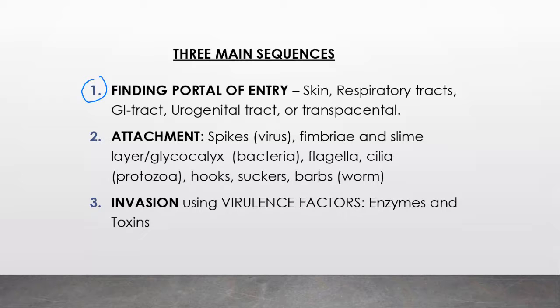In this stage, the microbes, especially the pathogenic microorganisms, will try to find the organs or tissue where they will be able to enter into the sterile tissue of the host.